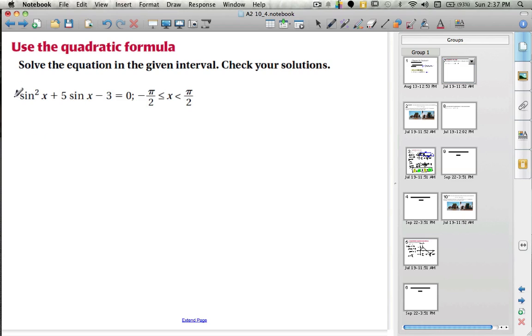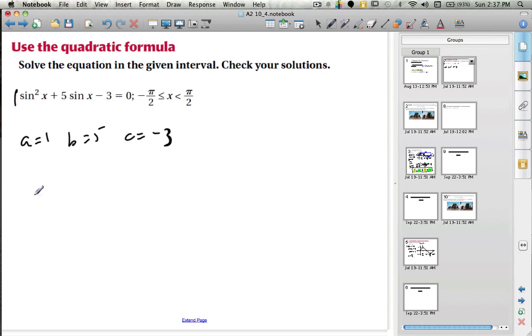In this case, I know that a is equal to 1, b is equal to 5, c is equal to -3. So this is a trigonometric equation, but it's in the form of a quadratic equation. I'm going to use the quadratic formula to solve it.